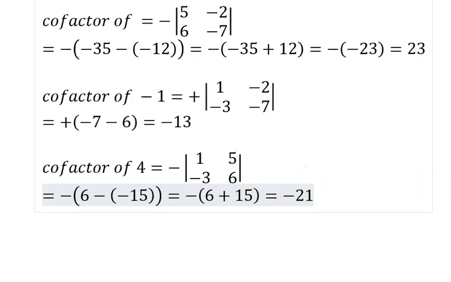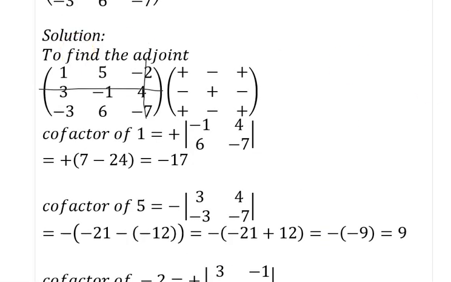So let's move to the next one. Beautiful. Cofactor of minus 3. We're almost done. Cofactor of minus 3. The corresponding sign is what?